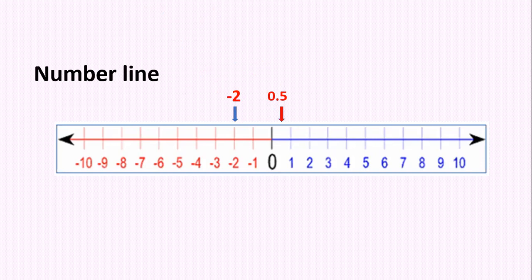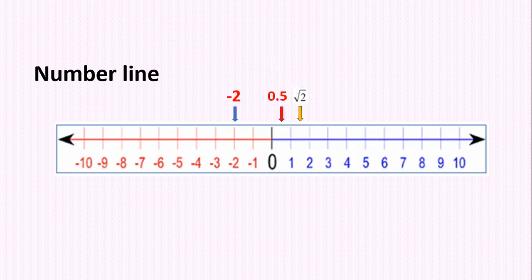Let us look at another example: square root of 2. If we calculate the value of square root of 2, we get approximately 1.414 and so on. The digits after the decimal point do not end. These kinds of numbers are called non-terminating decimal numbers.